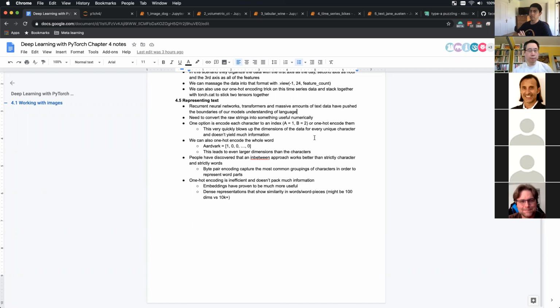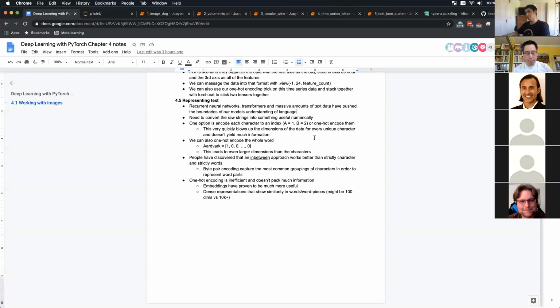But that's still not generally what people use because that explodes out to the size of your vocabulary. If you have 30,000 unique words and you have 30,000 across one dimension, and then you have the number of words in the sentence across the other dimension, you can take some small amount of text and completely blow up your memory because you are storing so much so inefficiently.